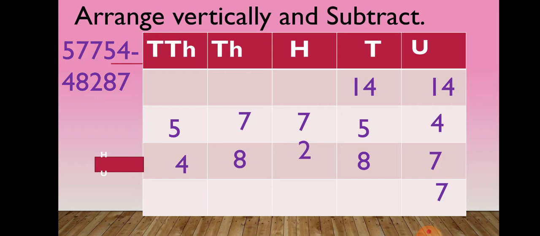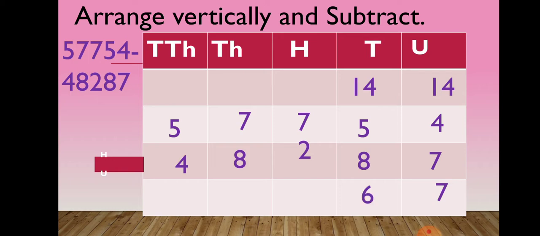Now here 14 tens. How to make 14 tens? Here remain 4 tens, and you take 100, which means 10 tens. You get 14 tens. Then you subtract 8 tens from 14 tens.